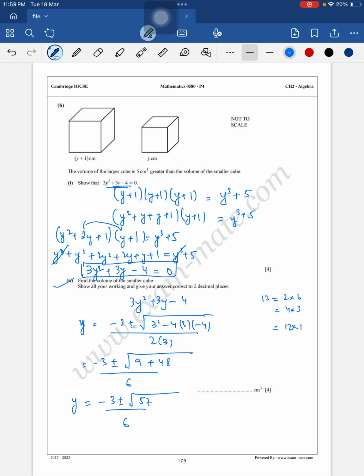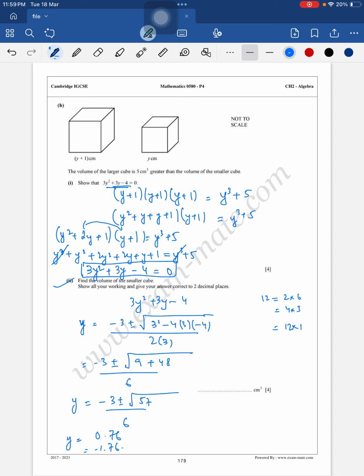Now since we will be having two answers, using calculator, minus 3 plus root 57 divided by 6, we have 0.76, and minus 3 minus root 57 divided by 6, we have minus 1.76.